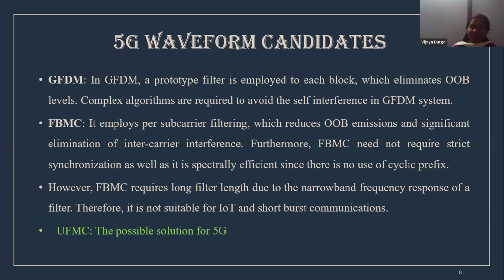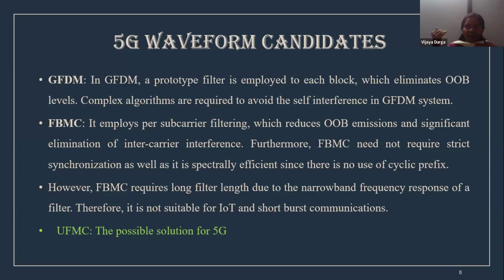Other than filtered OFDM, there are many waveform candidates. The first one is GFDM, called generalized frequency division multiplexing. In this, all 5G waveforms are filtered waveforms, because in OFDM, all the subcarriers are filtered at a time. That's why it produces out of band radiation. That is the main problem.